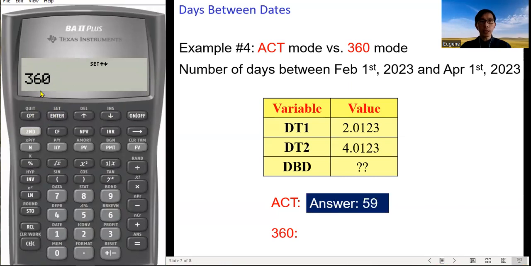We do not need to input DT1 and DT2 again. They don't change. So get back to DBD. This is the previous answer, 59. We press the CPT button for the 360 counting method. DBD equals 60.